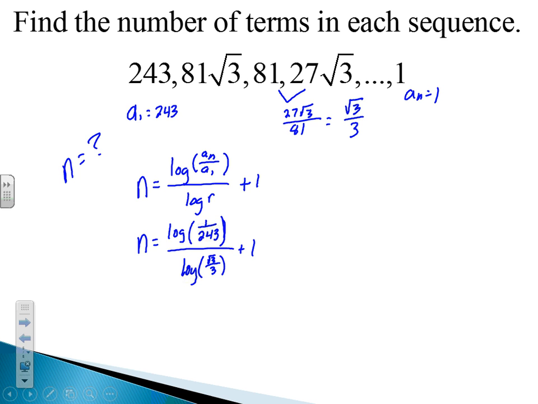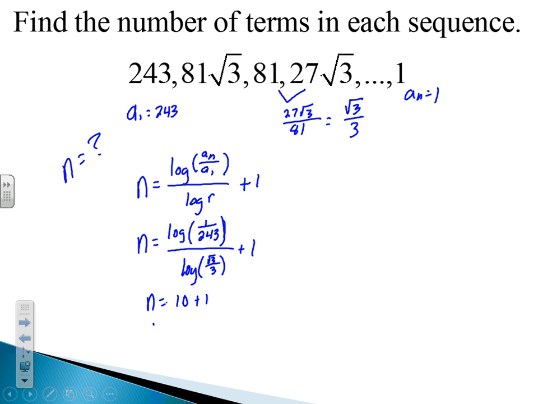When you hit log on your calculator, it's going to open up a parenthesis. So say 1 over 243, make sure you close your parenthesis, and then say divided by the log of radical 3 over 3, and close that parenthesis. That's really just going to give you the number 10.